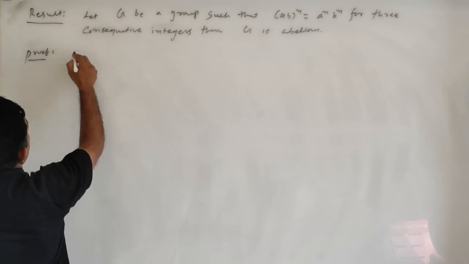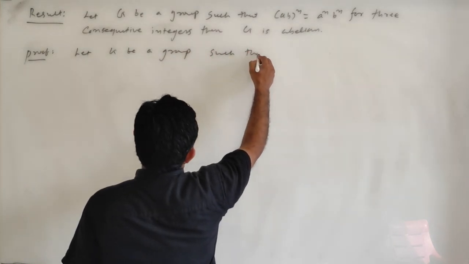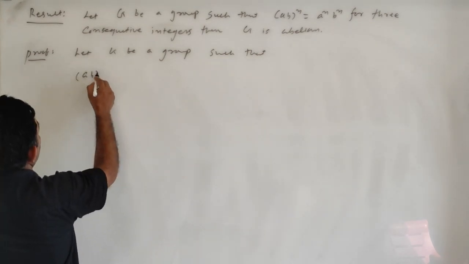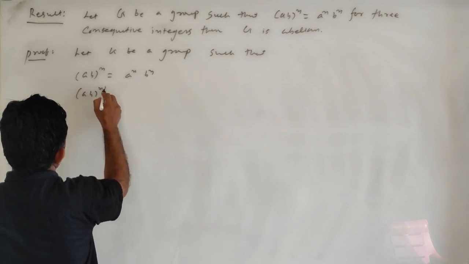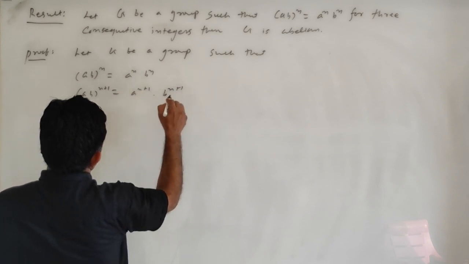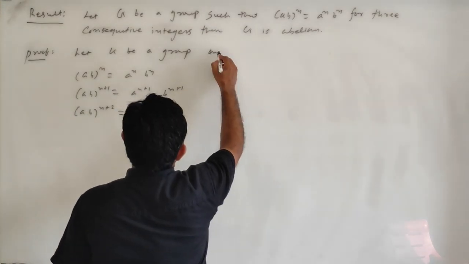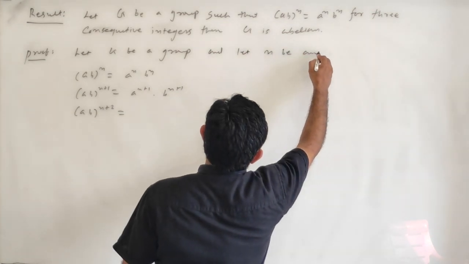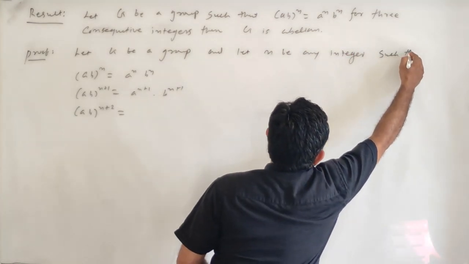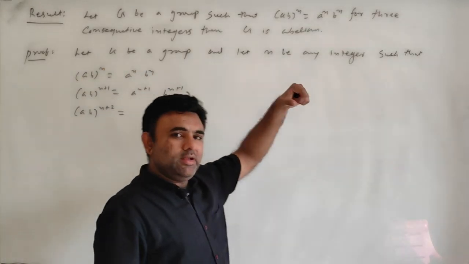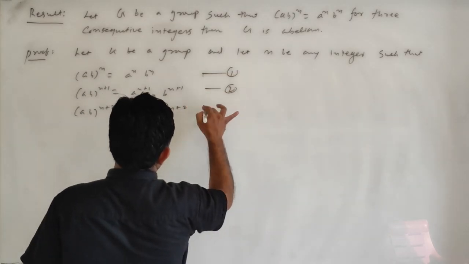So proof. Let G be a group, and let n be any integer such that (ab)^n is equal to a^n b^n, (ab)^(n+1) is equal to a^(n+1) b^(n+1), and (ab)^(n+2) is equal to a^(n+2) b^(n+2). Say these are results number 1, 2 and 3.